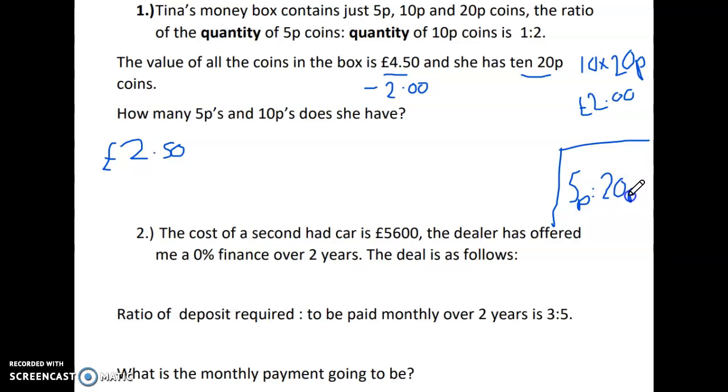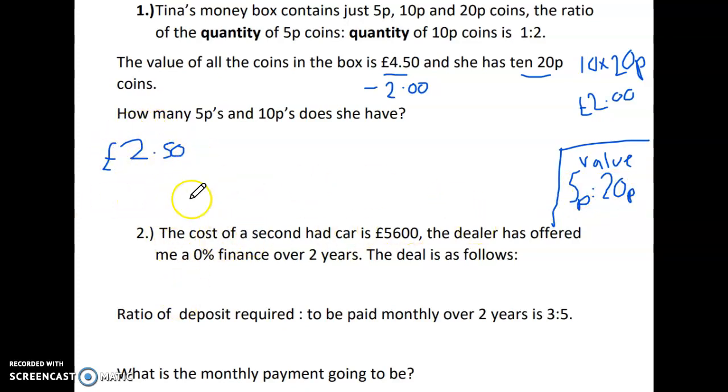Right. It can be difficult to get your head around that. So this is your quantity of coins. If she's only got one 5p coin, in terms of value that's 5p. And if she's got 2 10p coins, 2 lots of 10 in terms of value, that's going to be 20. So we've got a ratio of value of 5 to 20, and altogether a total of £2.50.